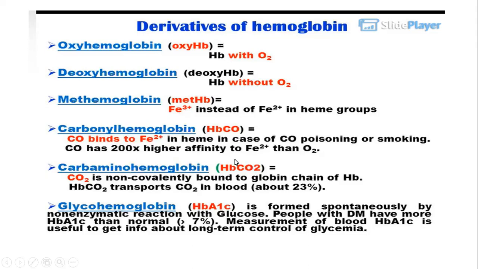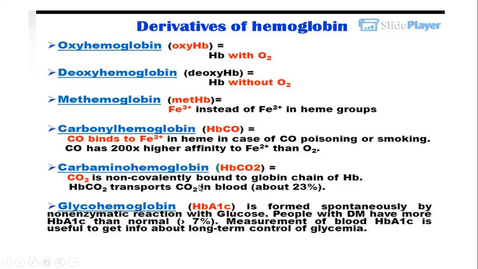So when you have carbon dioxide, you end up with carbaminohemoglobin. Sometimes hemoglobin gets attached to glucose, and when hemoglobin binds to glucose, you end up with glycohemoglobin or hemoglobin A1C.